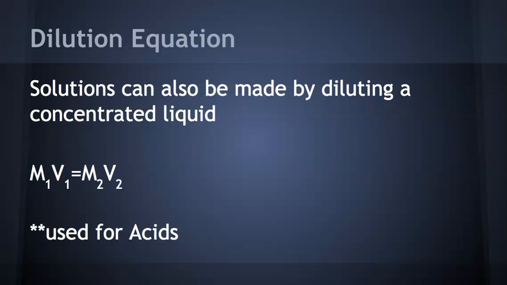So I'll dilute it down to 6 molar, 4 molar, 2 molar, 0.1 molar as needed. Our equation here is the initial concentration, M1, times its volume is equal to the final concentration times the final volume. So M1V1 equals M2V2.